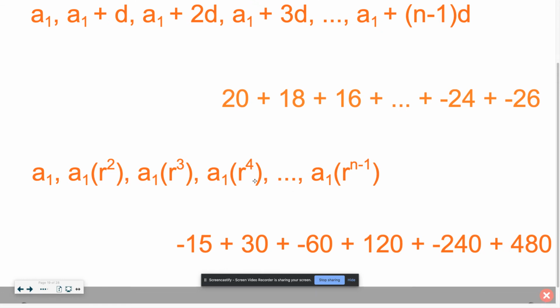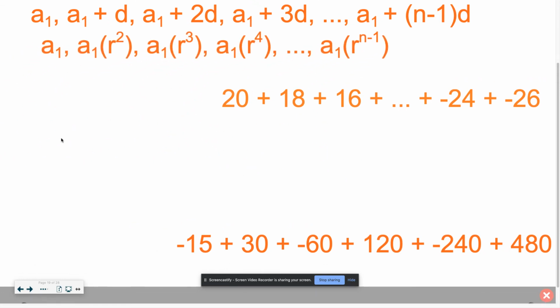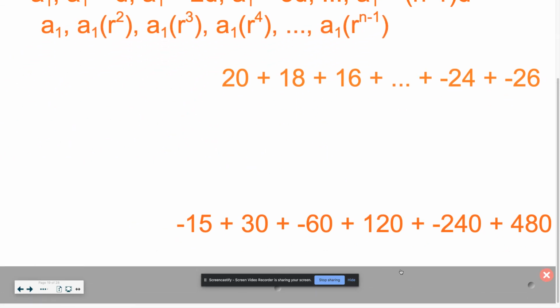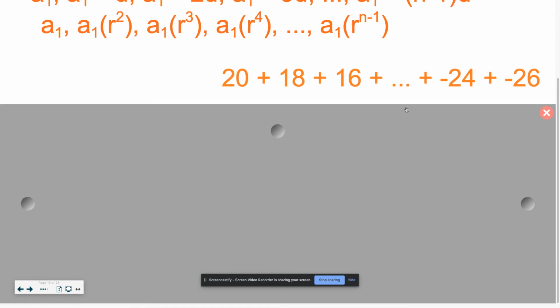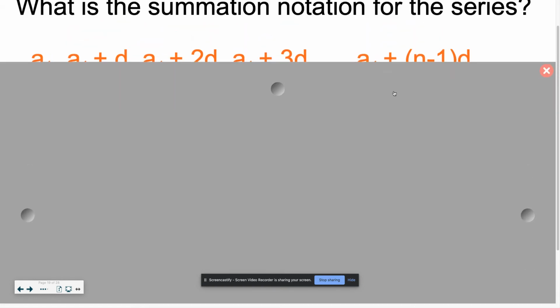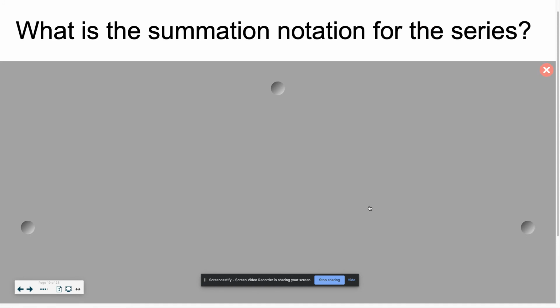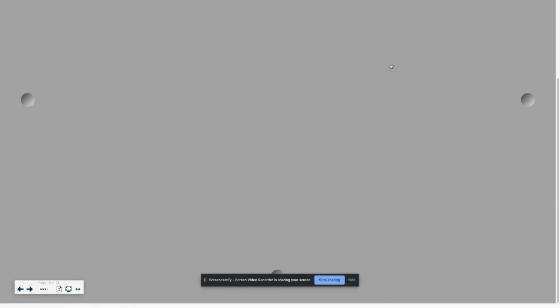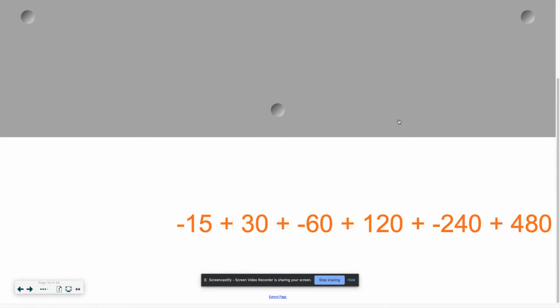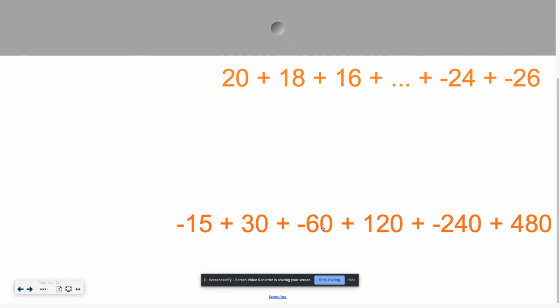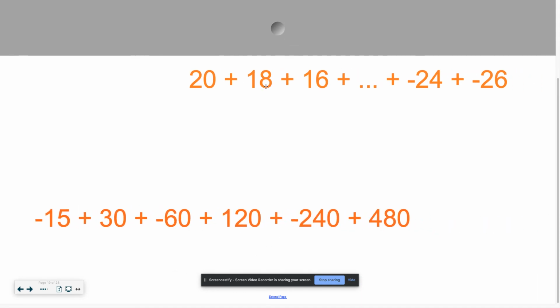All right, so let's look at these two examples down here. There we go. So let's look at this top one right here first.